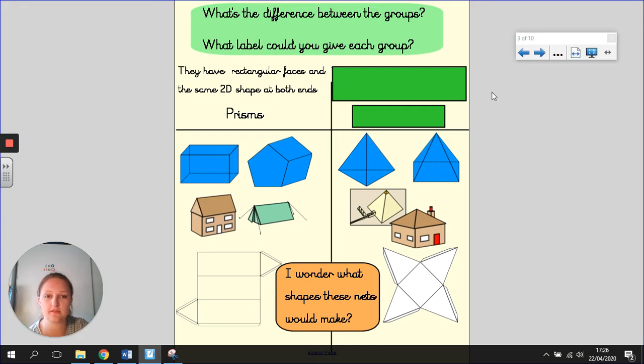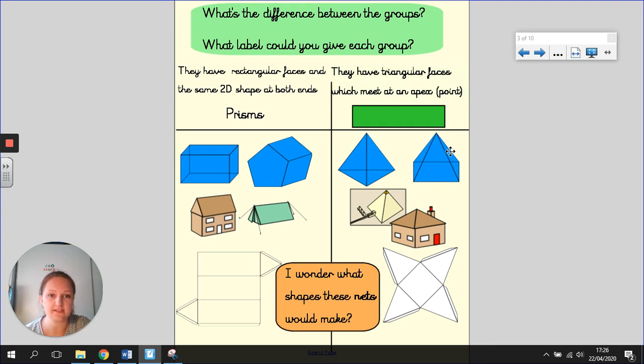So let's do the same with the other group. If these are all prisms, what does it make all of these shapes? Now here I'm looking at the roof of the house, not the walls. These shapes all have triangular faces which meet at an apex, which is the point at the top.